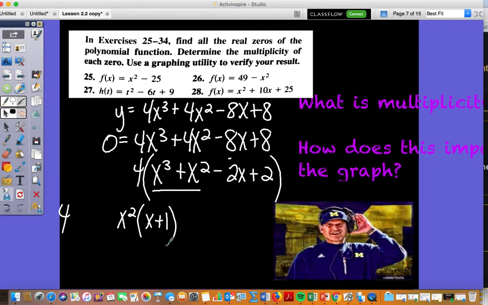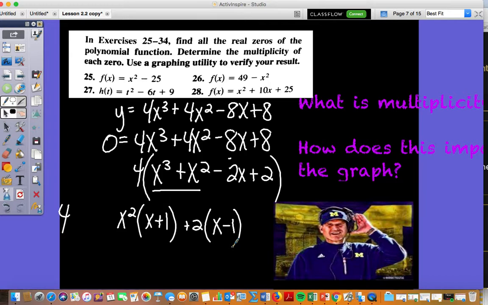Very good. This next part might throw us off just a little bit. I would say take out a 2, so when I take out a 2, this is left with x minus 1. I don't know if maybe there's a typo there.